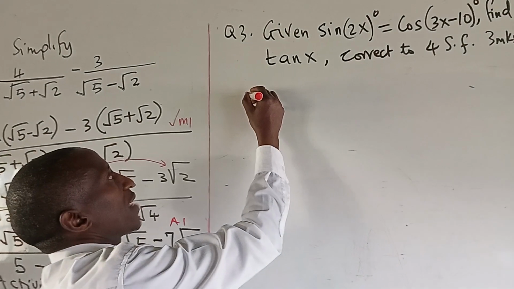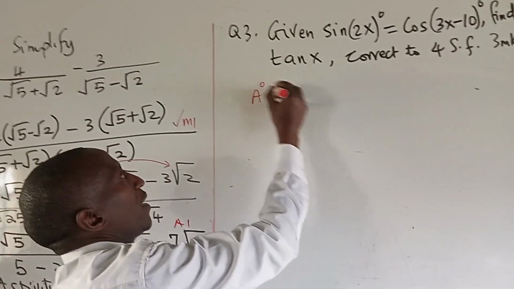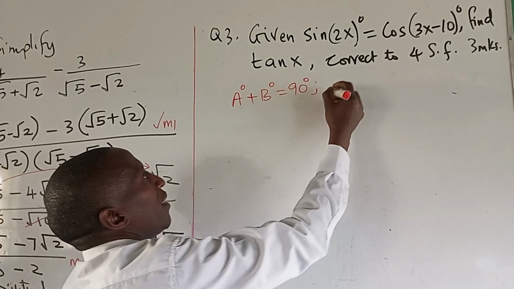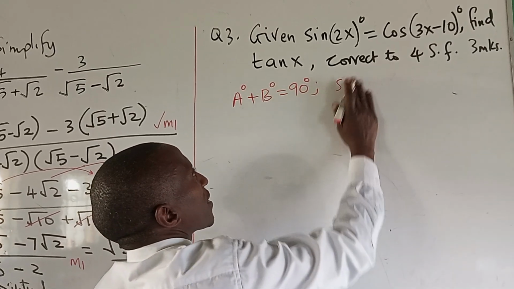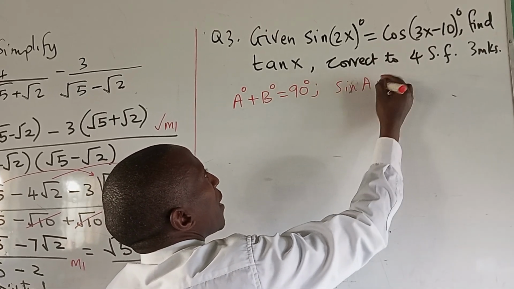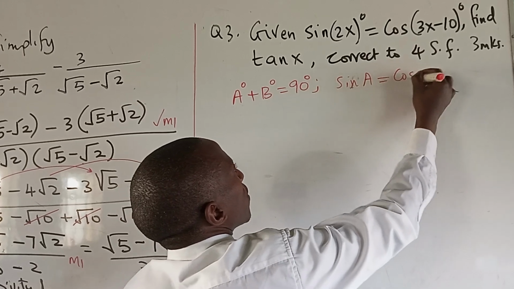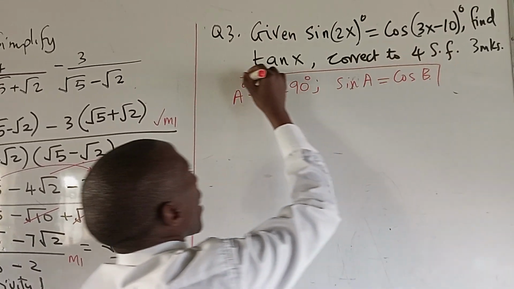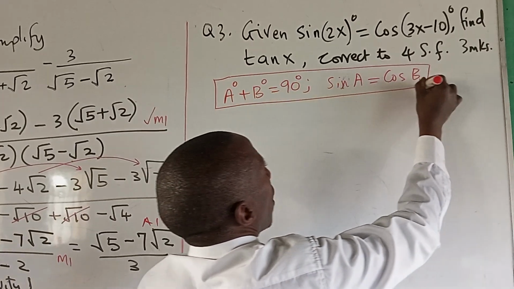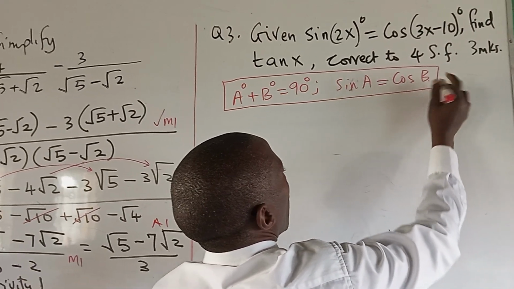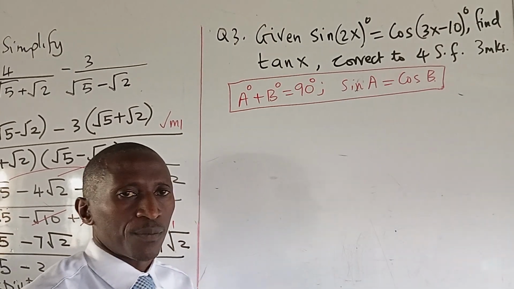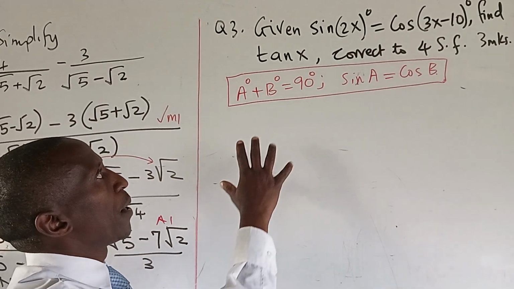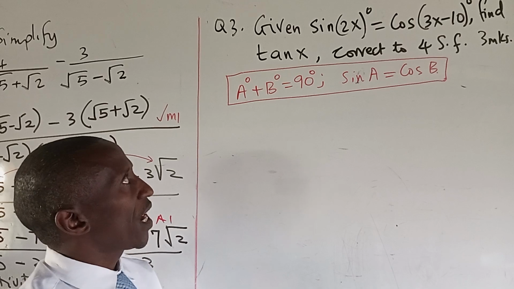So the rule says that if angle A and angle B add up to 90 degrees, then the sine of angle A will be equal to the cosine of angle B. That is the rule where angles are supplementary. The angles add up to 90. In this case, let's see, how do we now tackle it?